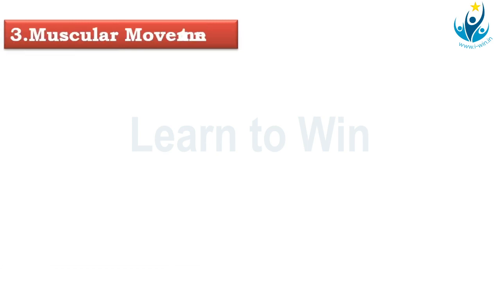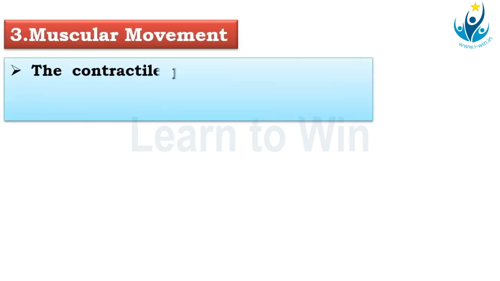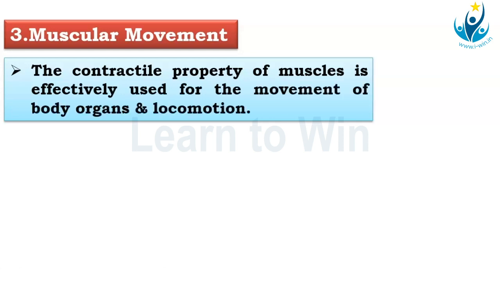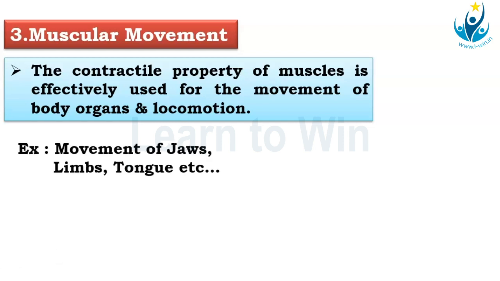So the third variety is the muscular movement, and muscular movement basically is the contraction of the muscles. As we said, you have a specific structure here which is called the muscle, and when the muscle undergoes contraction, it creates the movement of body organs and locomotion of the body itself.